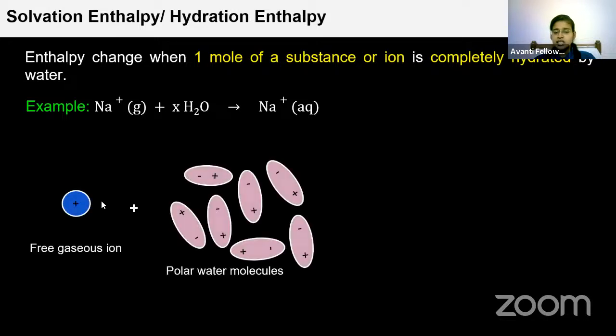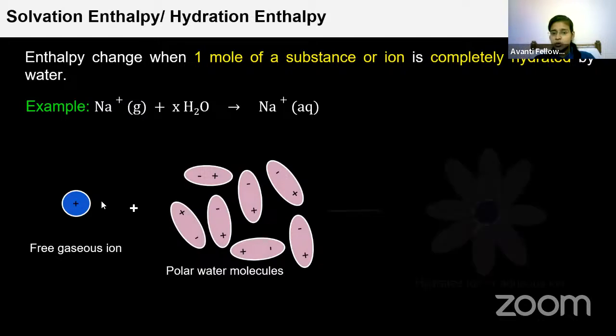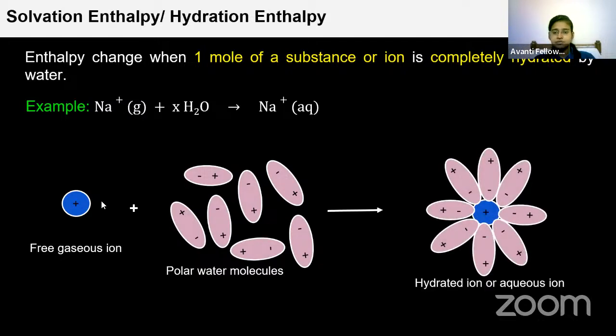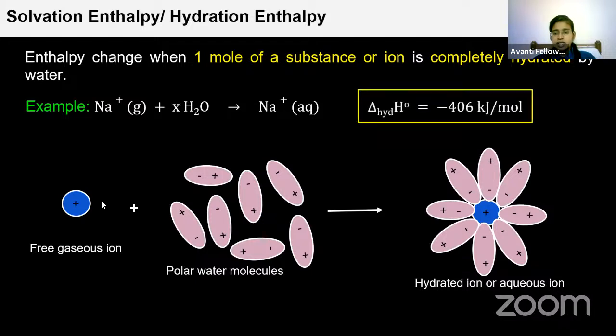Here there is a bond formation between the water molecule and the free gaseous ion, forming the hydrated ion or aqueous ion. So this is a bond formation process, so it is exothermic in nature, and if it is exothermic, delta H value will be negative. Okay. So this is about the lattice energy and the hydration energy.